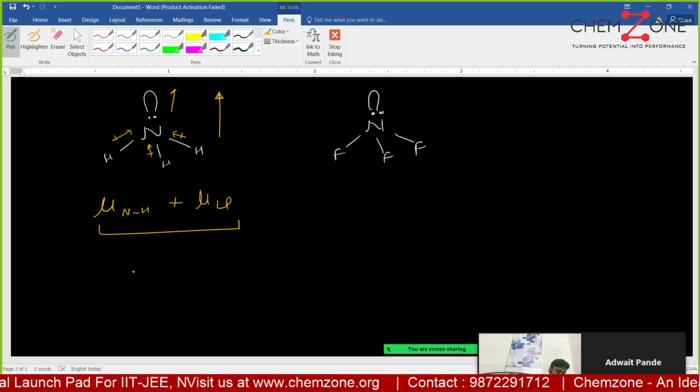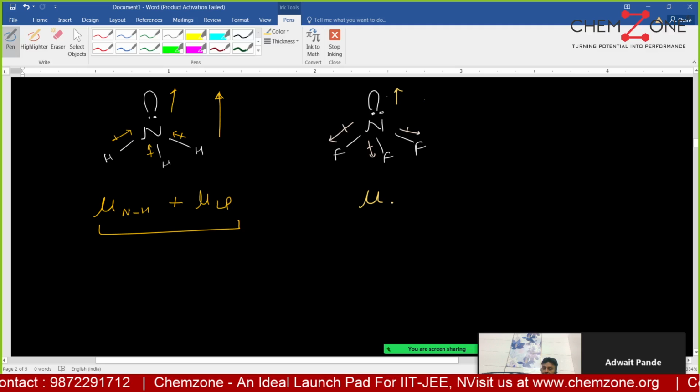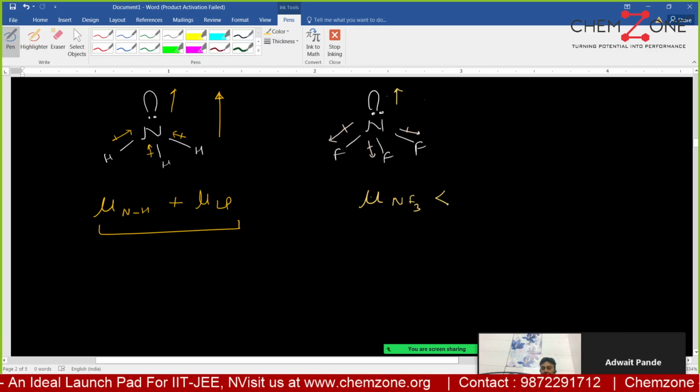So the net dipole moment in case of NF3 will be less than that of ammonia. They will be subtracting each other, right? The dipole moment of the NF bond minus the dipole moment of the lone pair. Here we are adding and here we are subtracting. It means the dipole moment of NF3 is less than that of ammonia.